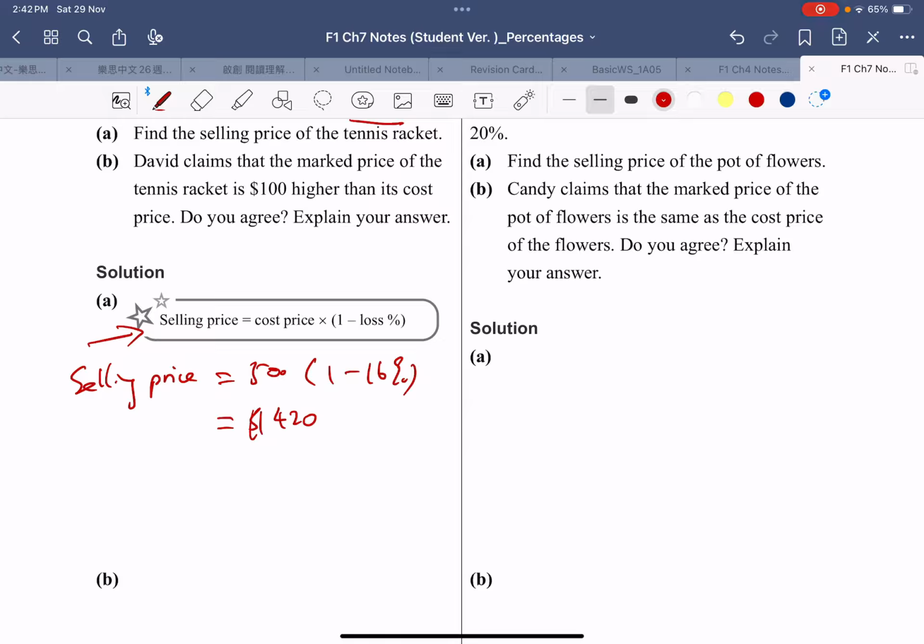And then David claims that the market price of the tennis racket is $100 higher than the cost price. Do you agree? You need to check whether the market price is really higher than its cost. So you are going to calculate the market price.